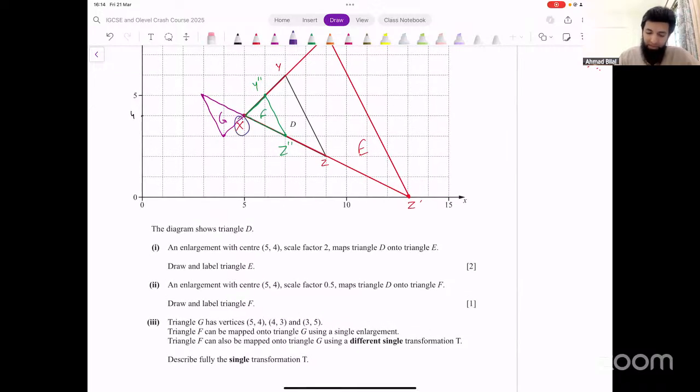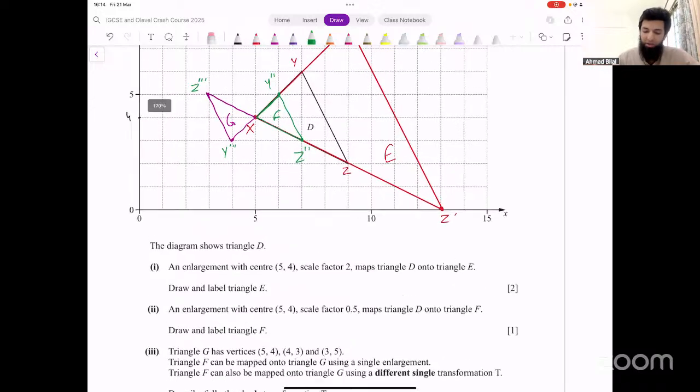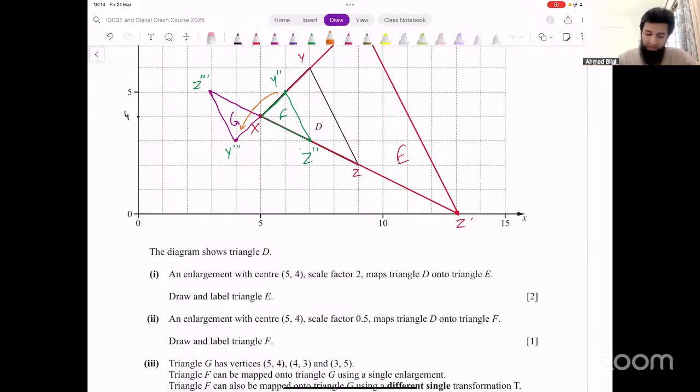If this point is X, this is Y, what's the corresponding point to Y? Y is the closer point to X, right? So that Y point is going to go here. And the Z point is going to go here. This is the corresponding Z point. So Y is going here and Z is going here, and X is staying in its current position.